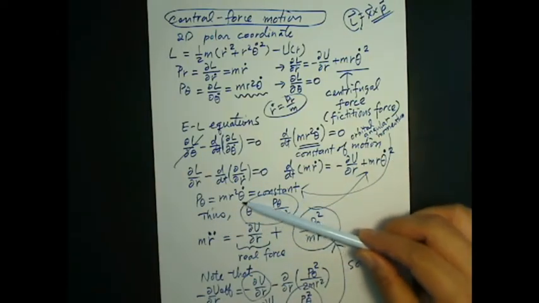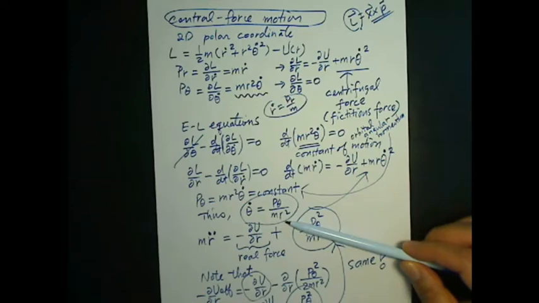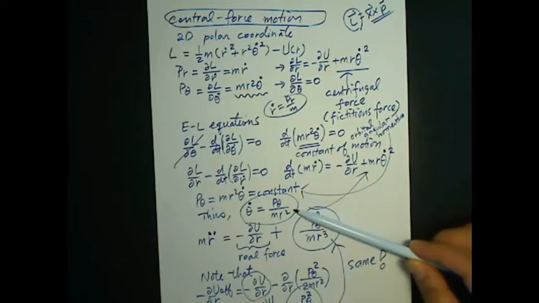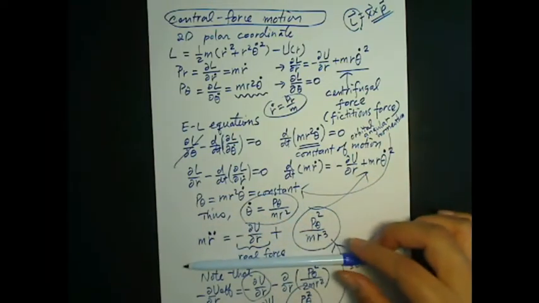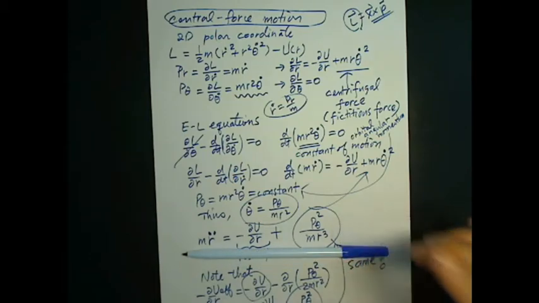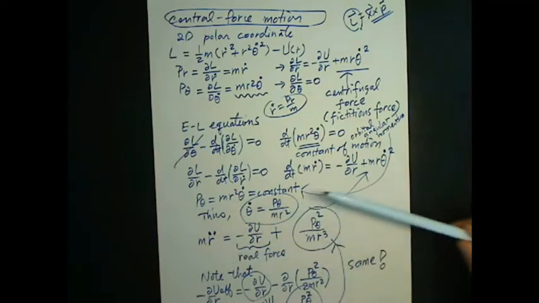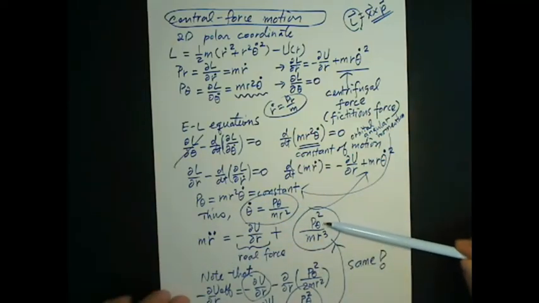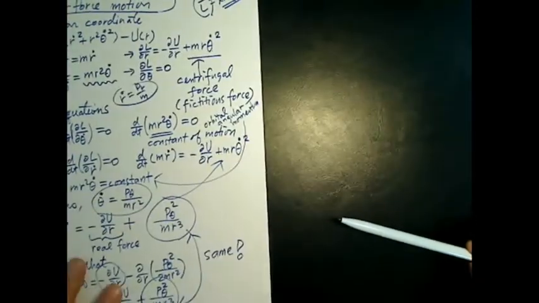We can replace theta dot in terms of p theta over mr squared, where p theta is the orbital angular momentum that is constant. The radial equation is now expressed in this form. This is just like one-dimensional equation, single variable equation. So this is completely solvable. And p theta is a constant of motion. Wait a second. We can make another approach.